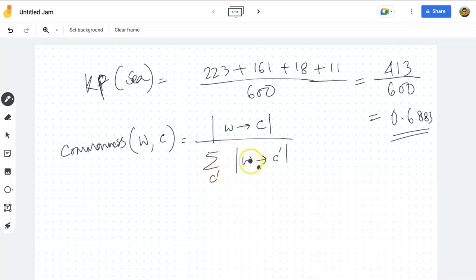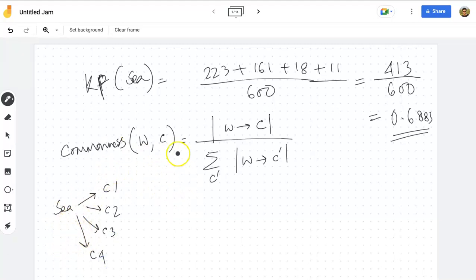In our case, C is connected to C1, C2, C3 and C4. We are ignoring the no link, so no link is not considered here.